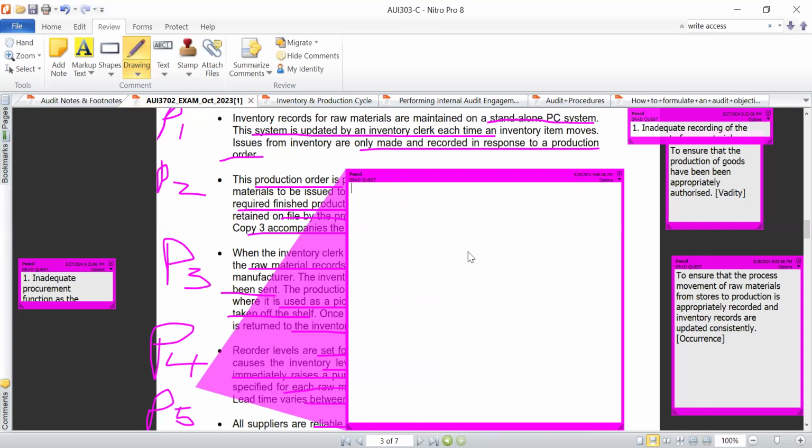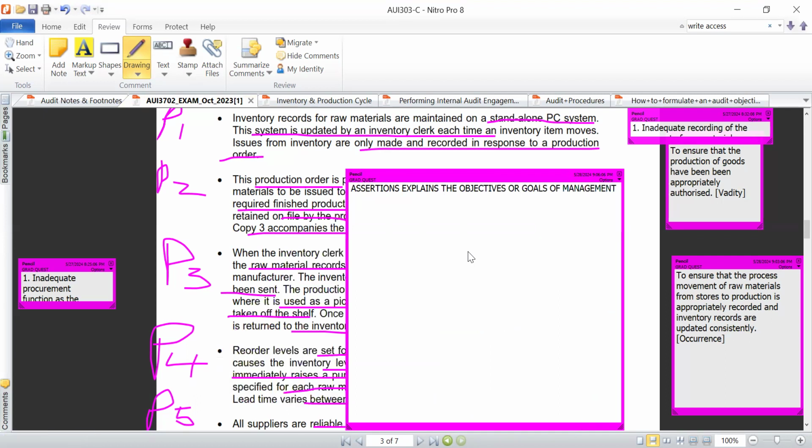So assertions explain the objectives or goals of management. One of the things management wants to achieve has to do, number one, with the transactions and the records that they maintain. They've got goals for that.